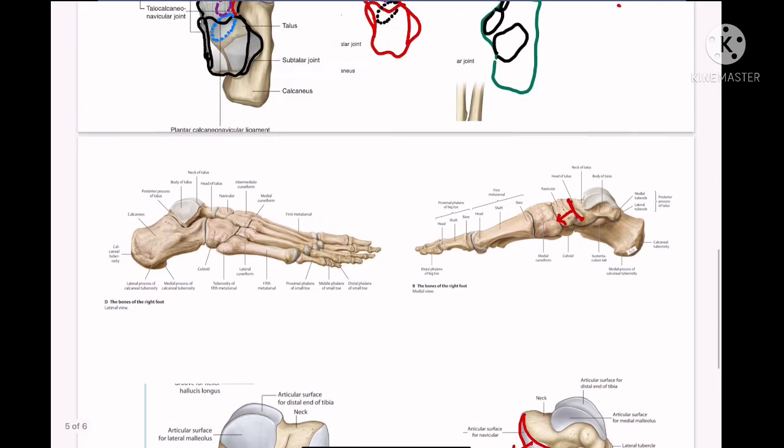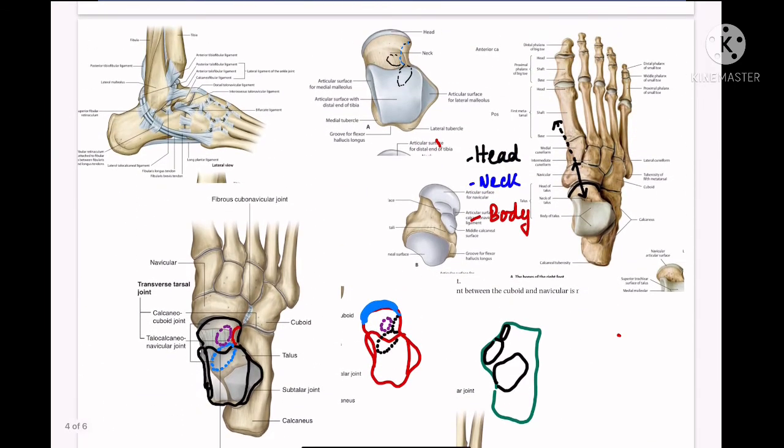Now this head presents an anterior surface. This is the anterior surface of the head. It presents a convex articular surface which articulates with the concavity of navicular bone.